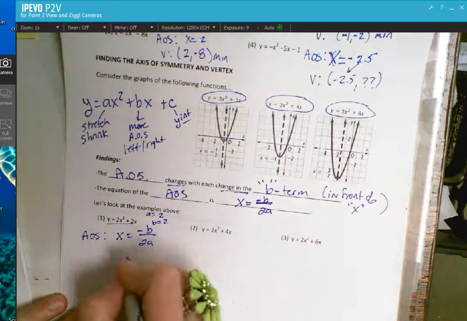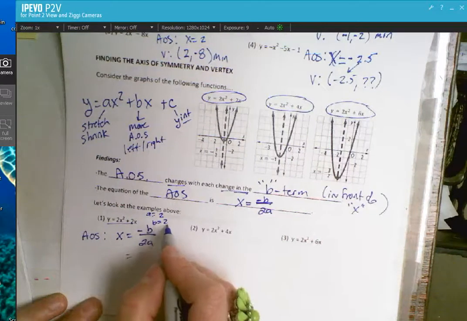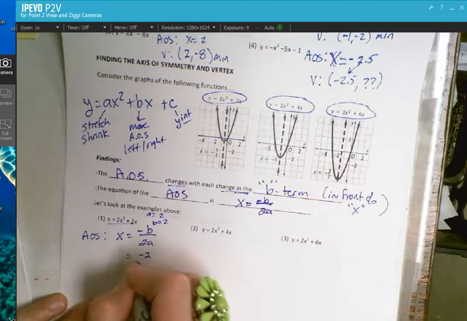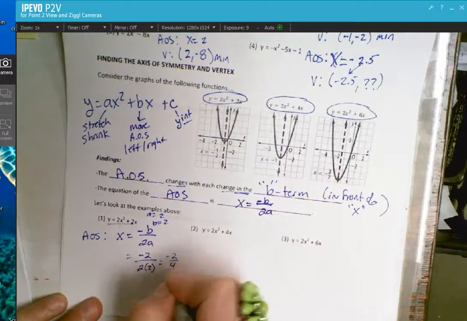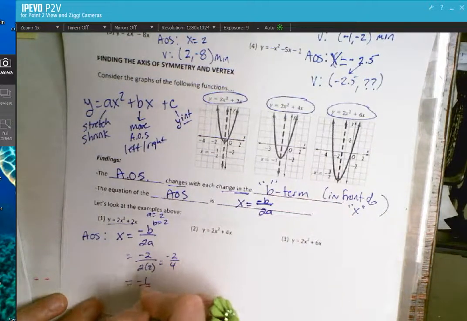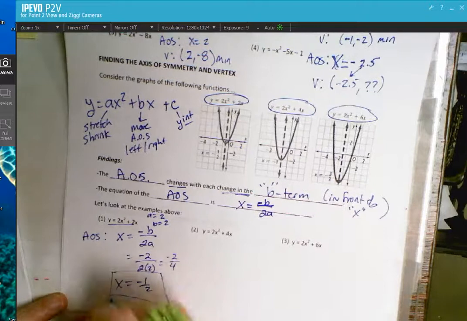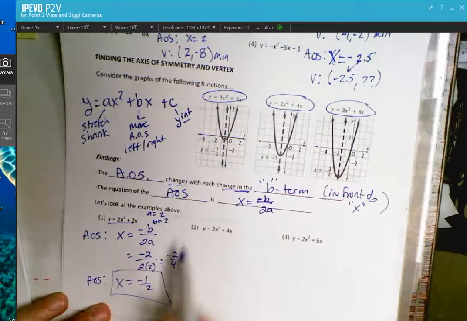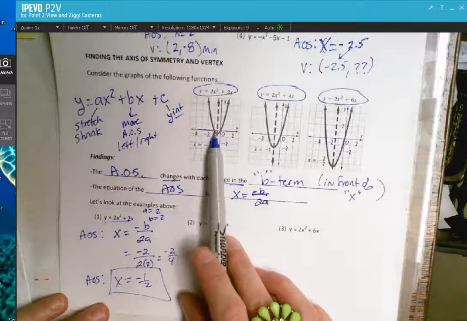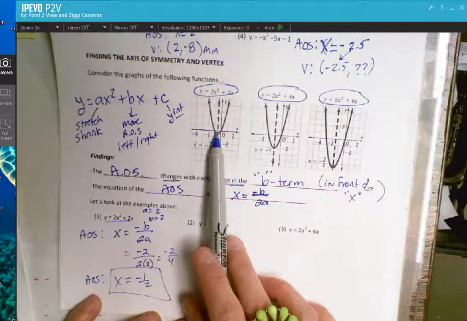So I substitute those in. I get the opposite sign of b, which is negative 2, over 2 times 2, which is equal to negative 2 over 4, which is equal to negative 1/2. X is equal, because axis of symmetry is always a line. And that's what we showed in our graph, x is equal to negative 1/2.